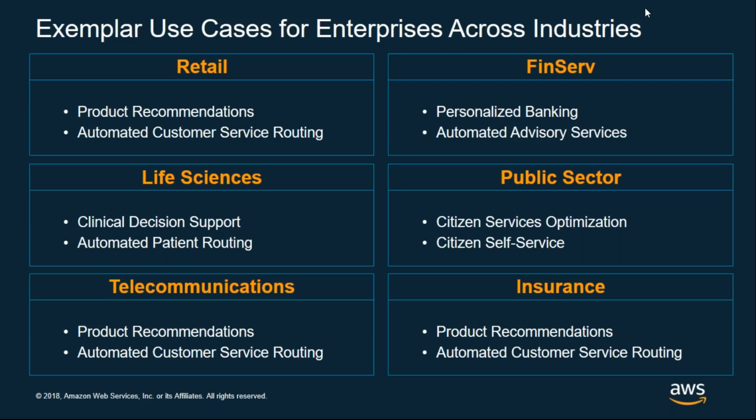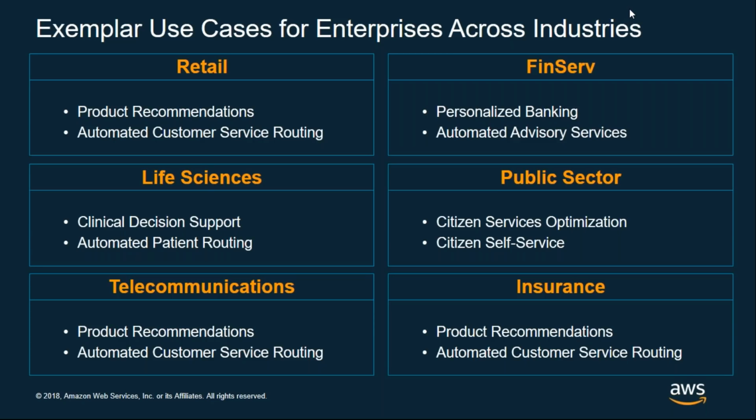If you look at a few of the most common ones that we've called out for you today, it's really quite present in retail technologies, where customers in the retail sector want to use machine learning and deep learning to improve product recommendations. Again, wanting to automate processes. A big one within retail is automating customer service routing and making call centers more efficient.